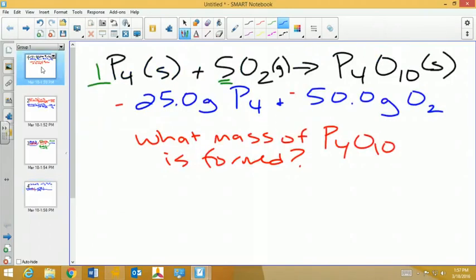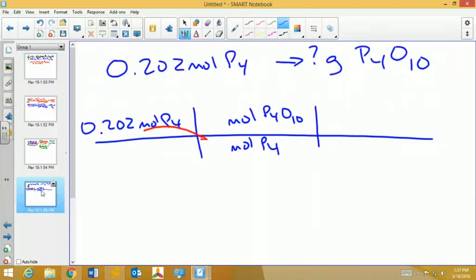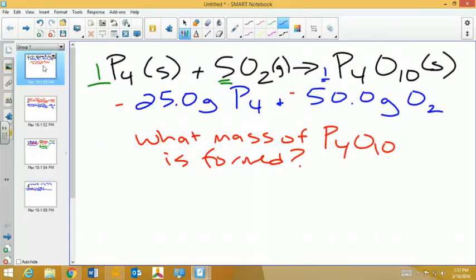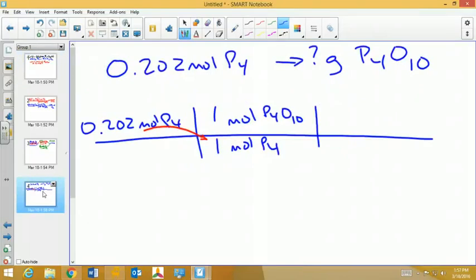Look back at my initial reaction. I have got a 1 here, right? And 1 of P4. So therefore, it's a 1-to-1 ratio. I do go ahead and write it, even though it won't affect my calculations. And now, I want to get from moles to grams. Moles of P4O10 into grams of P4O10.